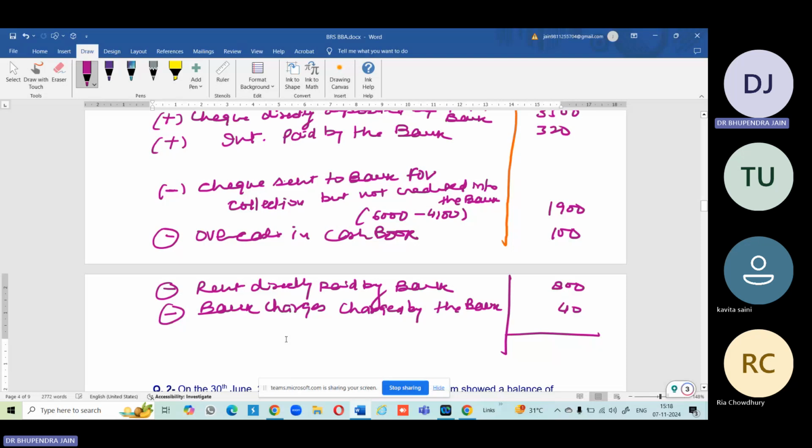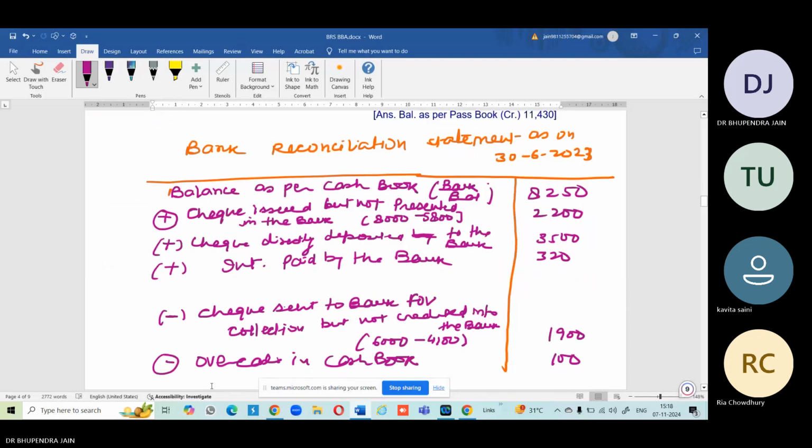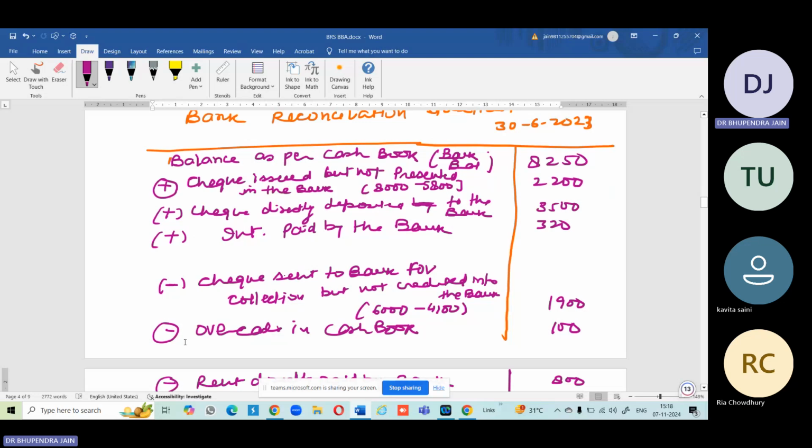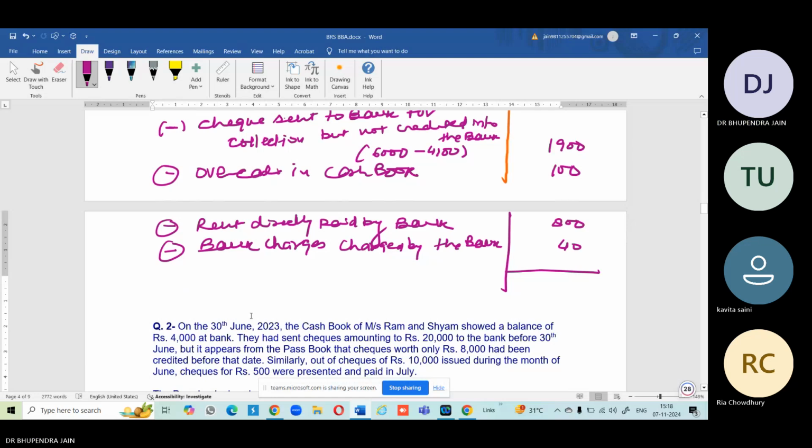Done. Now we will calculate the closing balance. This is 8,250 plus 2,200 plus 3,500 plus 320 minus 1,900 minus 100 minus 800 and minus 40.